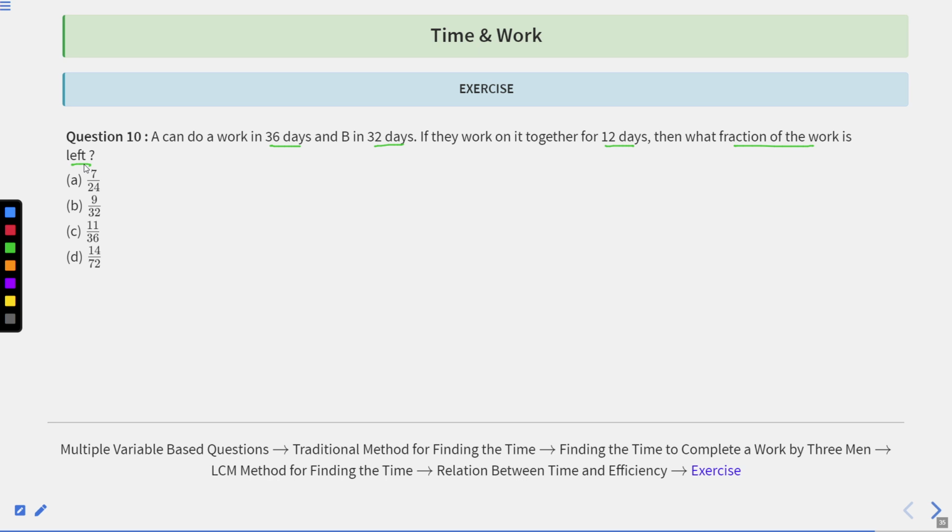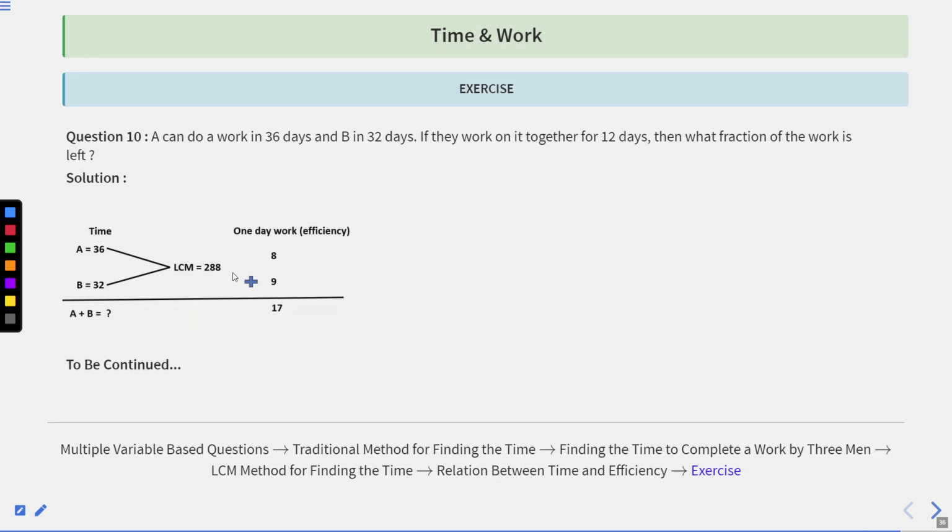Rather, it says A can do it in 36 days, B can do it in 32 days. And we made them work together and it's been 12 days till now. So, what fraction of work is still remaining?